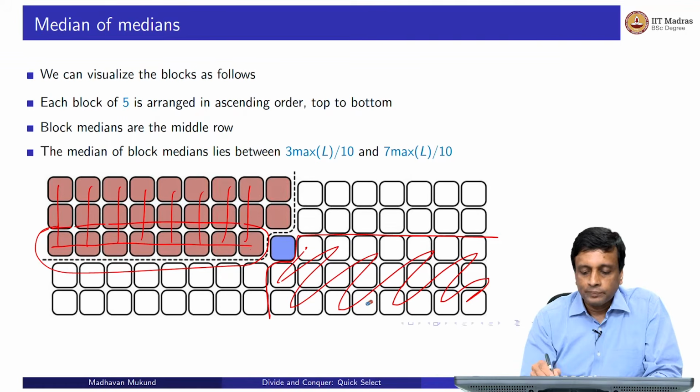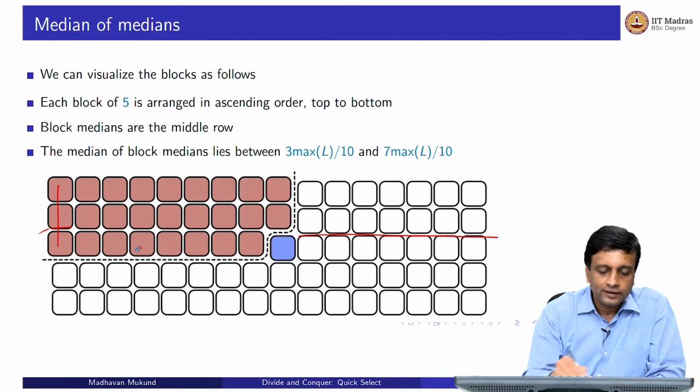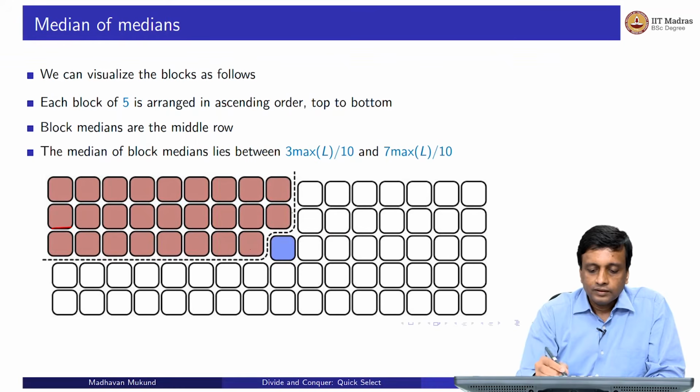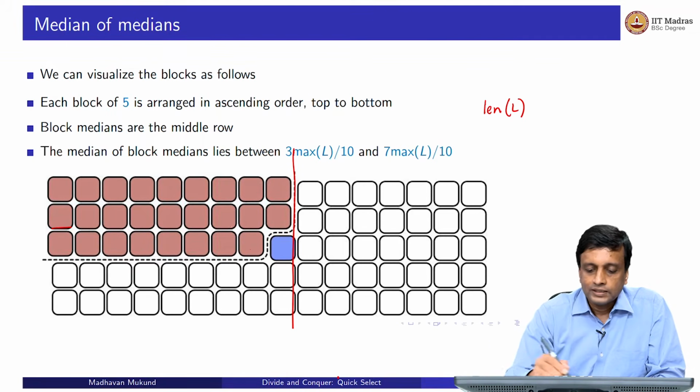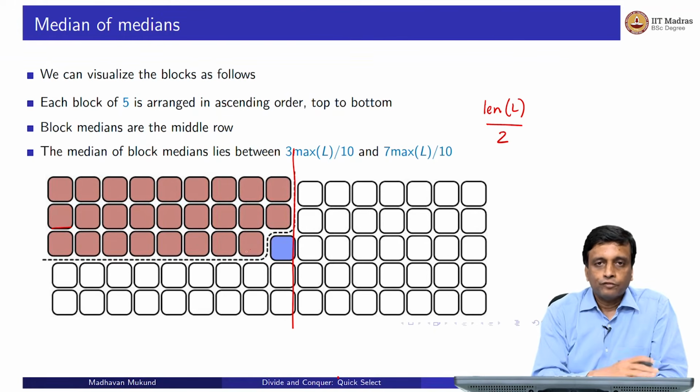So how many brown elements are there? Well, this is roughly half. If I had length L, this is roughly half on the left of the blue element, and within that I am taking 3 by 5. Out of every 5 I am taking 3.